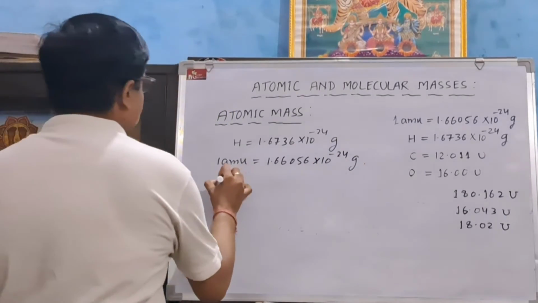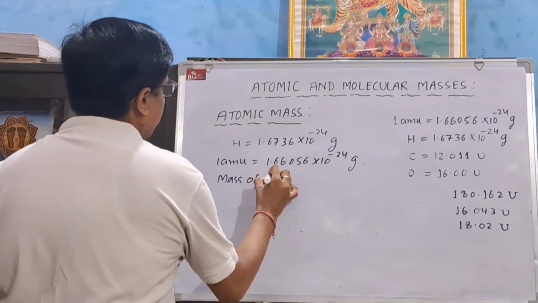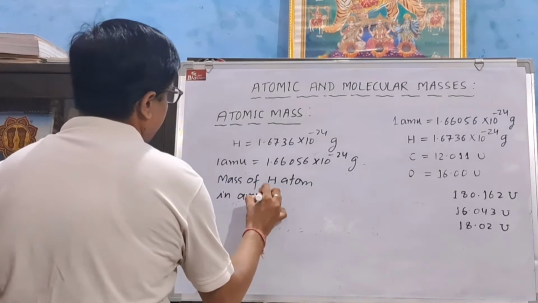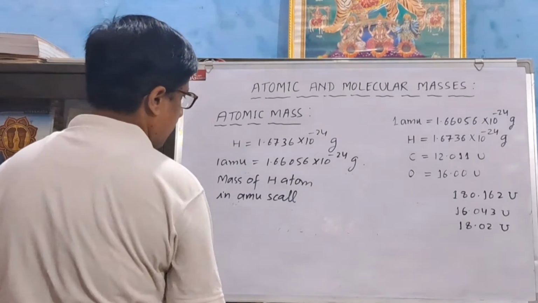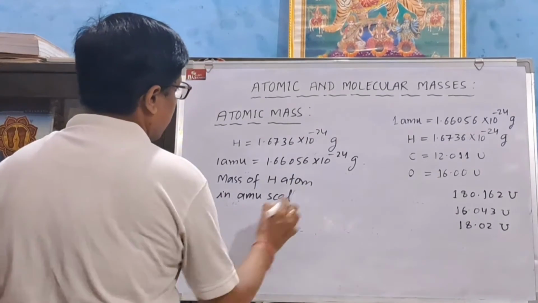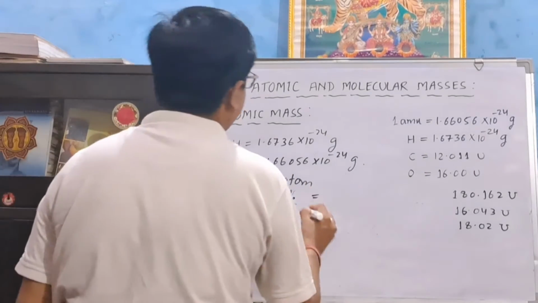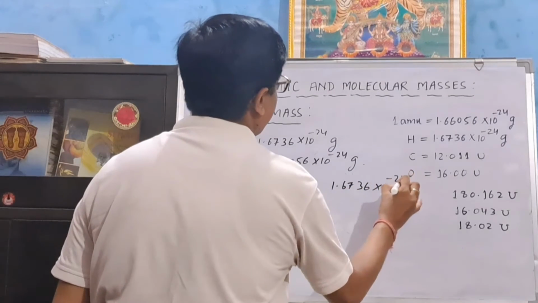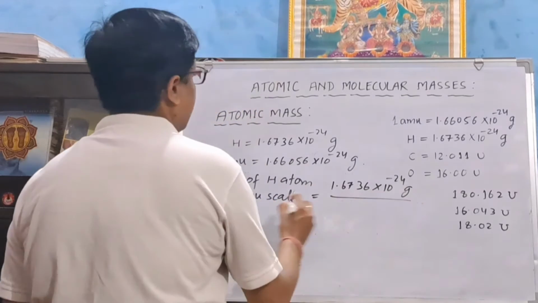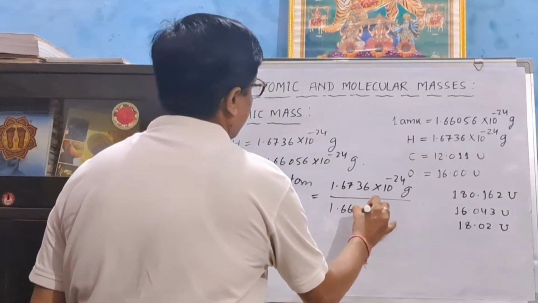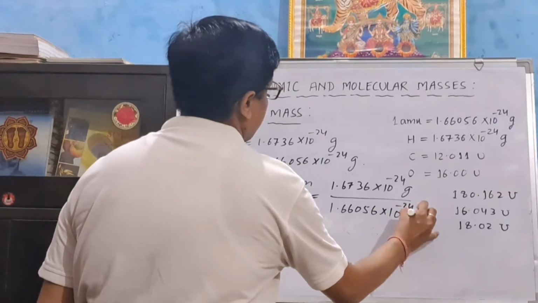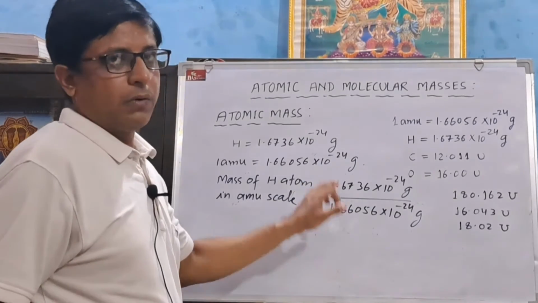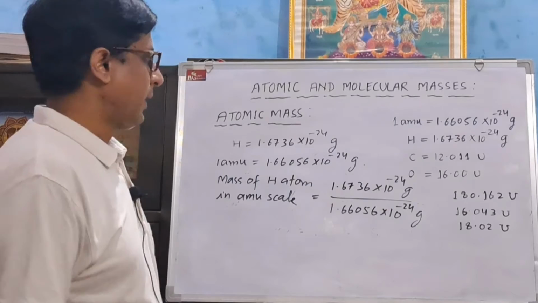Now the mass of a hydrogen atom on the AMU scale is equal to 1.6736 × 10^-24 gram, which is the mass of one hydrogen atom, divided by 1.66056 × 10^-24 gram, which is 1 amu in grams.